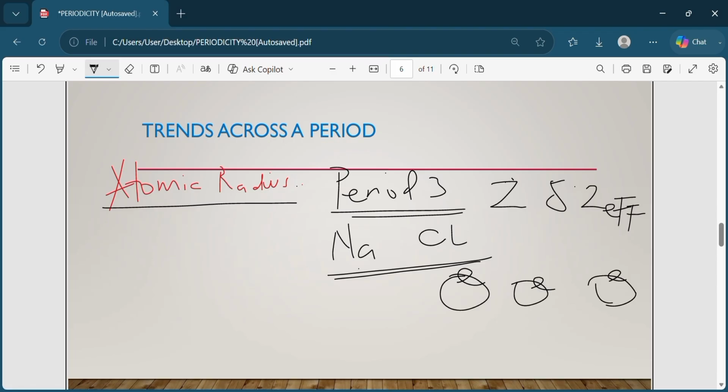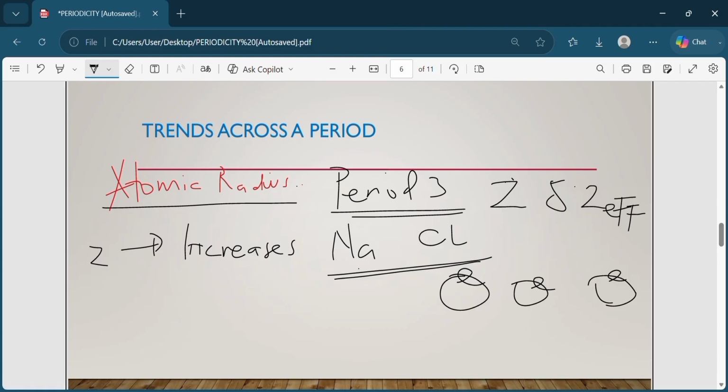An atom is neutrally charged. So the nuclear charge is increasing. Why? Because the number of protons inside the nucleus increases as we move across the period.